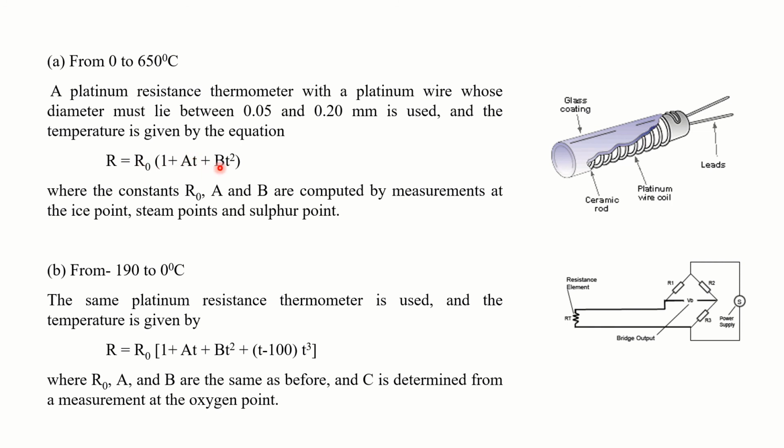To find out these three constants, I require three equations. How exactly do we compute this? R naught, A, and B are computed by measurement at the ice point, steam point, and sulfur point. In this equation, look here, measure the R value by dipping this resistance thermometer in the ice point.